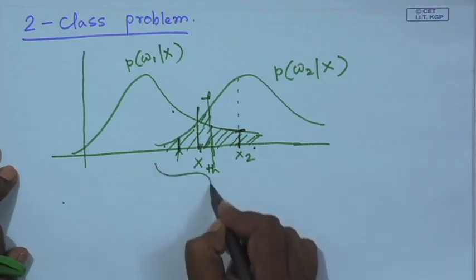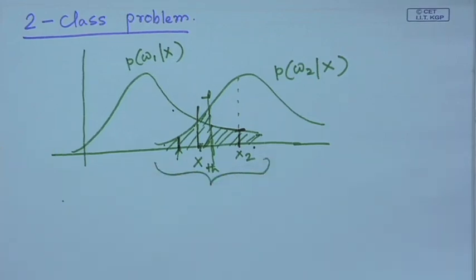So, for all such decision processes, one type of error rate increases and the other type of error rate decreases with shifting of my decision boundary.